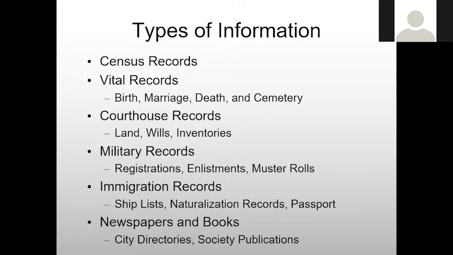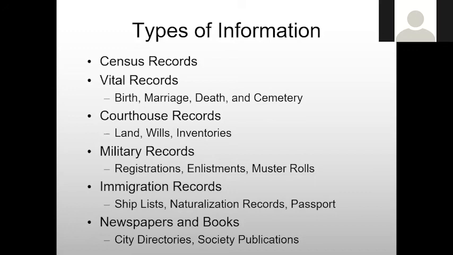And the movement to record these records didn't occur until starting in the 1880s. While they do exist for some of the earlier colonies, as well as for the early states in the 1700s, the vast majority of them are not available until the 1900s, and even as late as 1920. So if you're looking for a birth record in 1750, you're probably going to have a great deal of difficulty.